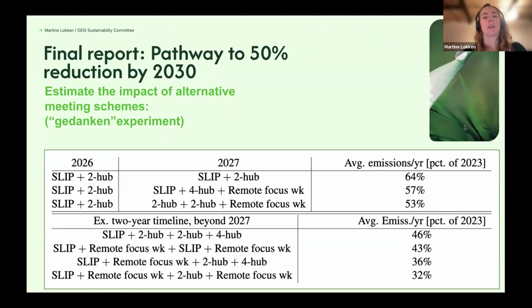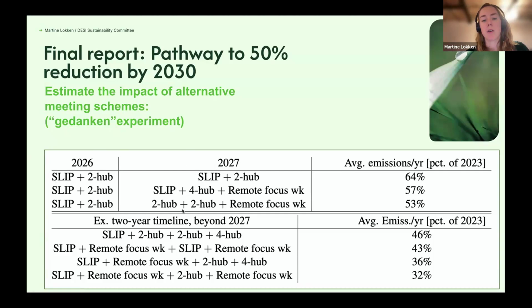So in the final report, to get to this pathway to 50% reduction, we mostly focused on the meetings and tried to envision what kind of combination of meetings we would have to have from now until 2030 to make that goal. And what we suggested is easing into it, where we always have at least one regular single location in-person meeting in 2026, but combine it with multi-hub.